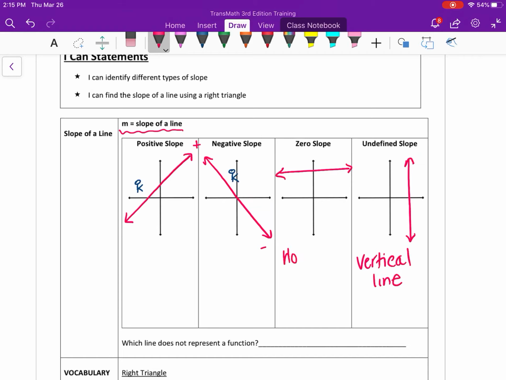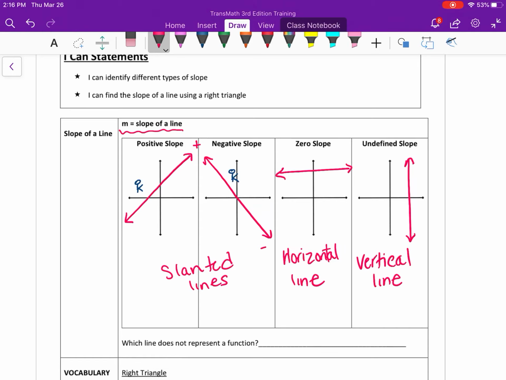This one is a horizontal. Oops, I forgot the T. Horizontal line. And these ones are both considered just slanted lines with positive and negative slope.